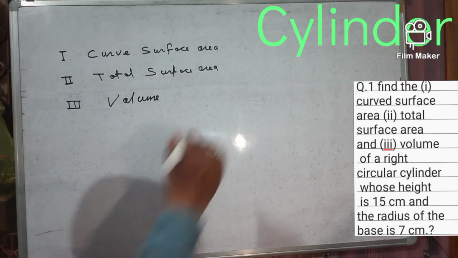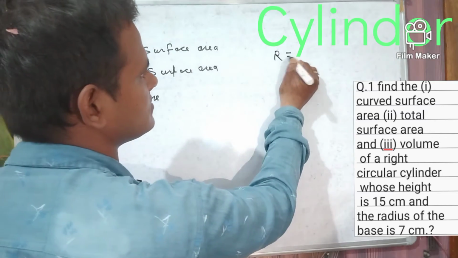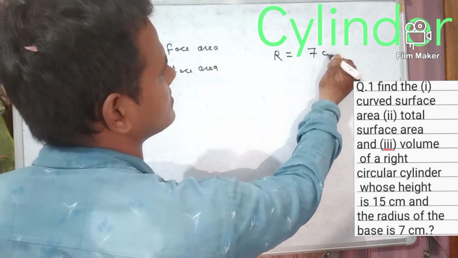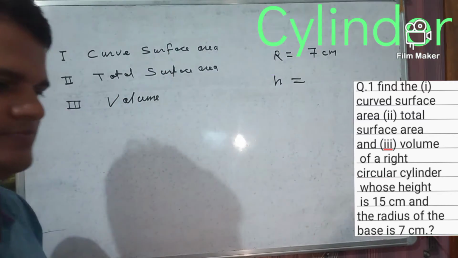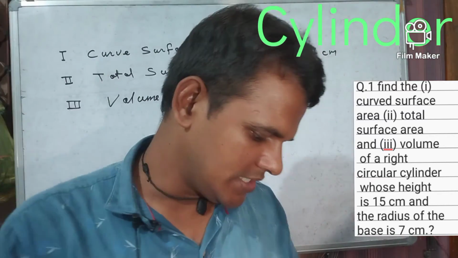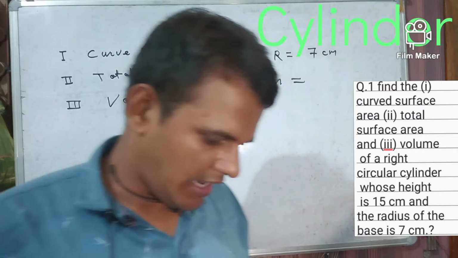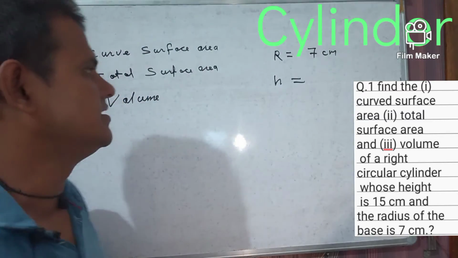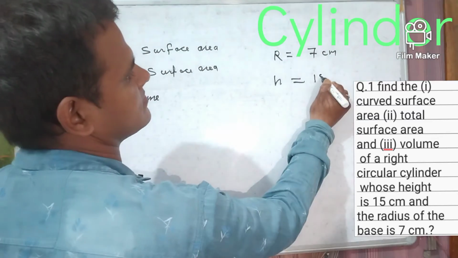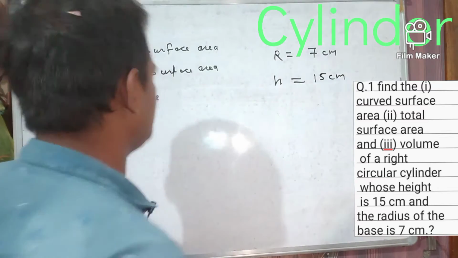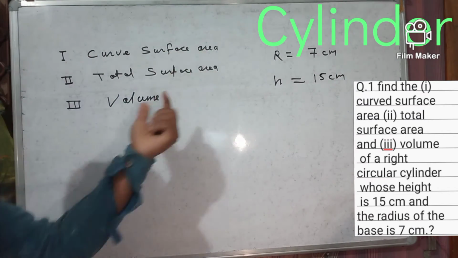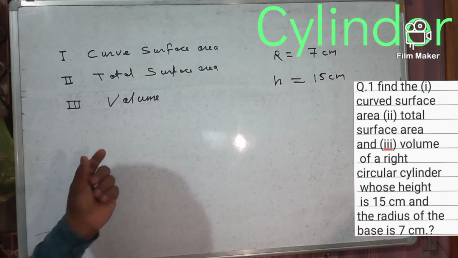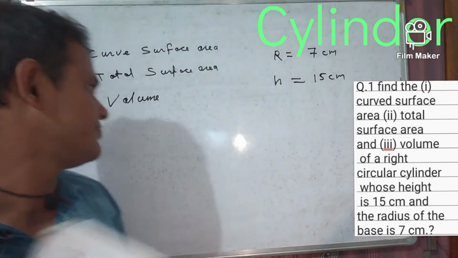Right? Radius is given 7 centimeter and height is given 15 centimeter. Right? First our target is curved surface area, second is total surface area and third is volume.